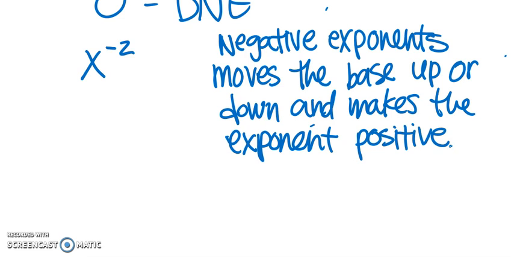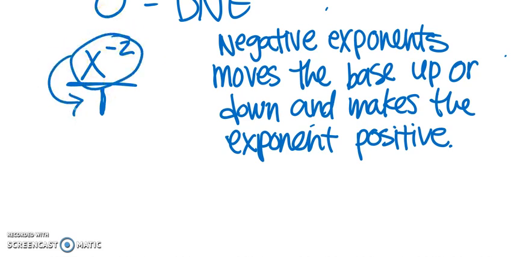Okay, so if we have x to the negative 2, if it doesn't have a fraction there, it's technically over 1. Everything is technically over 1 unless it's already a fraction. Okay, so if you notice, x to the negative 2 is at the top. So if it says it moves it up or down, well, it's already up, so it has to go down because it can't go up. So I'm going to basically take this and I'm going to move it to the bottom.